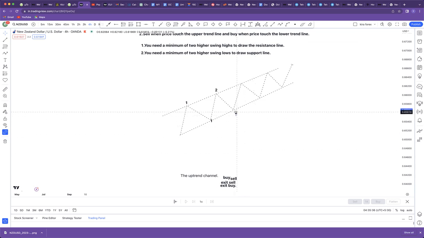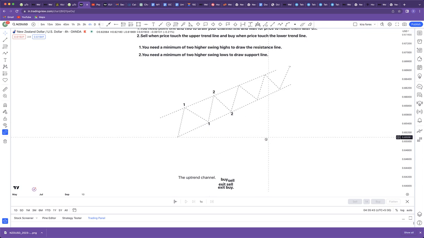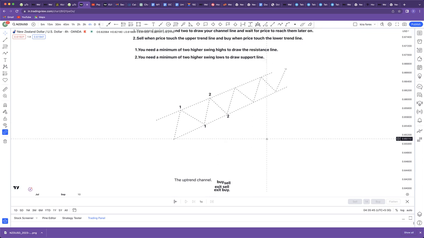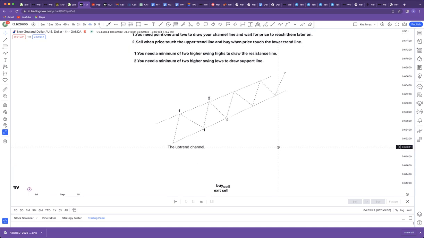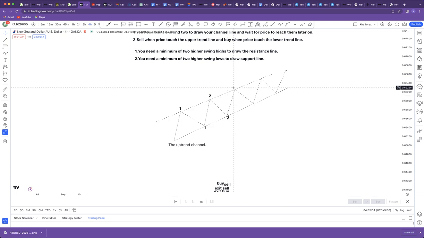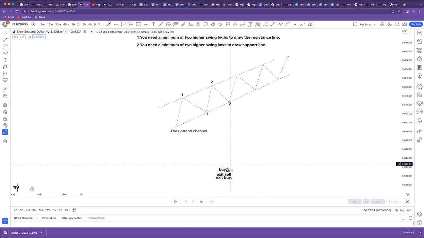So you need point 1 and 2 on the resistance level, and you also need 1 and 2 on the support level. After getting your point 1 and point 2, the next thing you target is to buy from the support on point 3, and then sell from the resistance also on point 3.